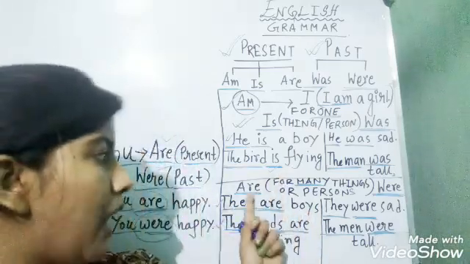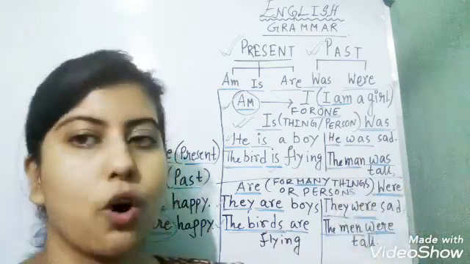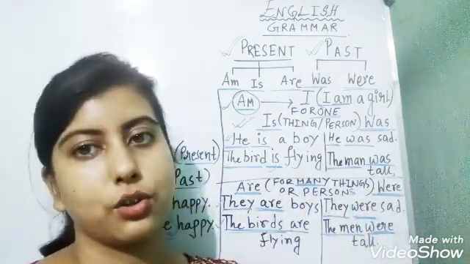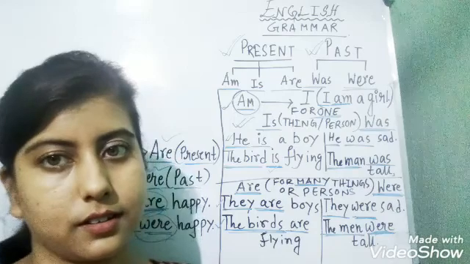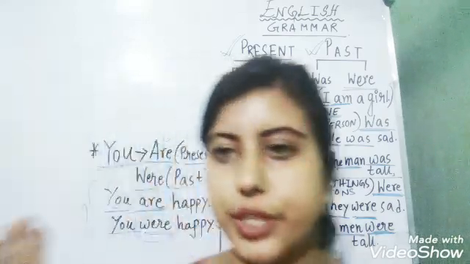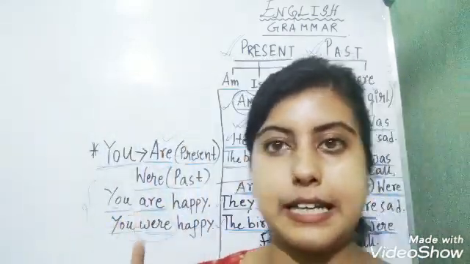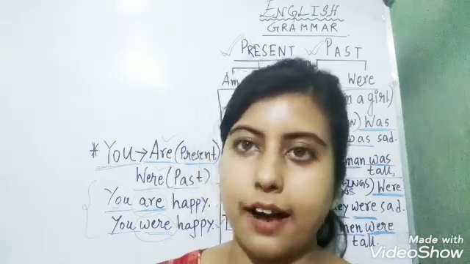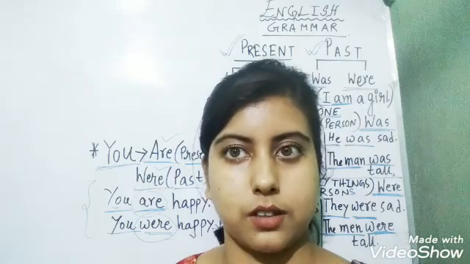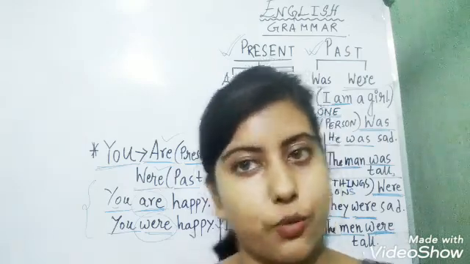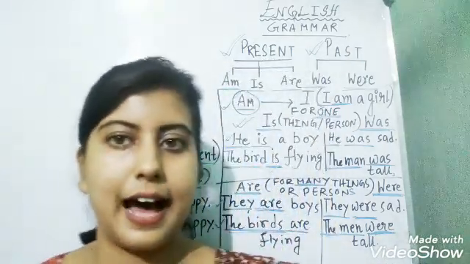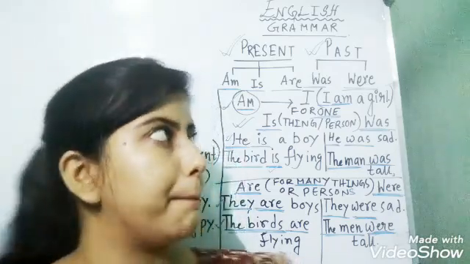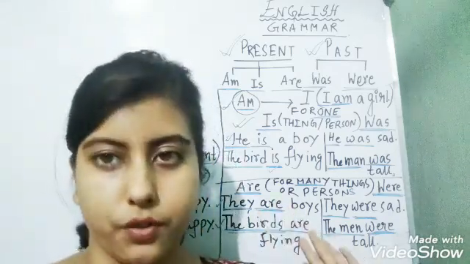And we will use are and were for many persons or things. And in the case of you, we will use are for present tense and were for past tense. So this is everything that I have to say about these verbs.